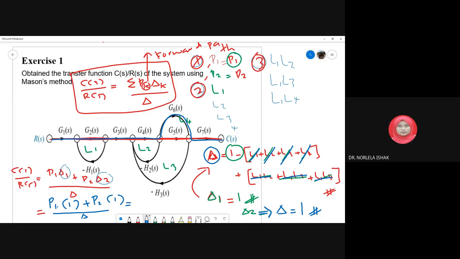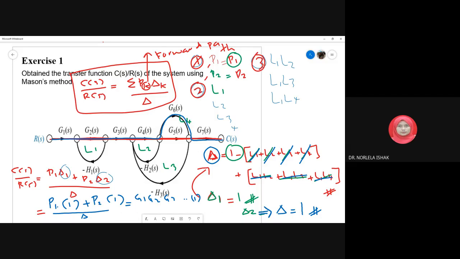So you have to write in detail. What is P1? P1 equals G1, G2, G3, G4, G5, G6, G5, G7. So you have to list down P1: P1 equals G1, G2, G3 and so on, multiply with 1 and so on.